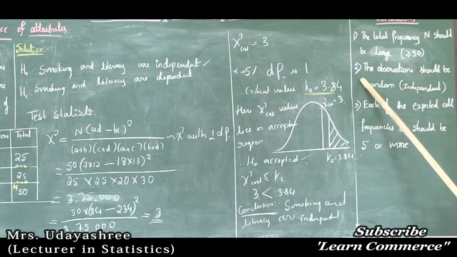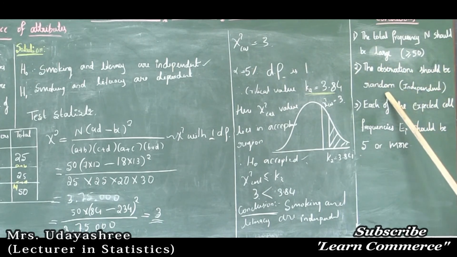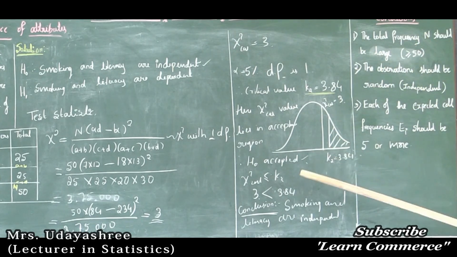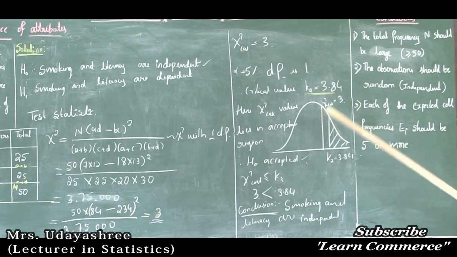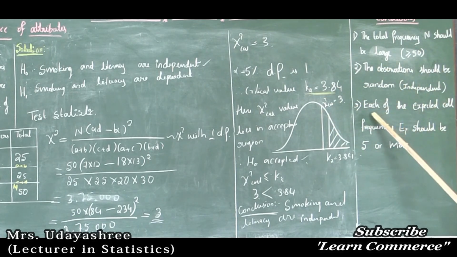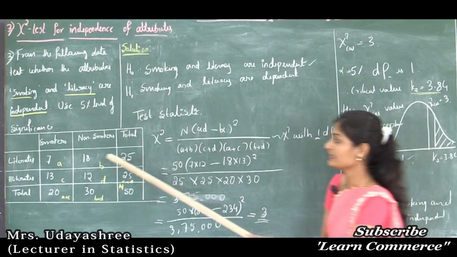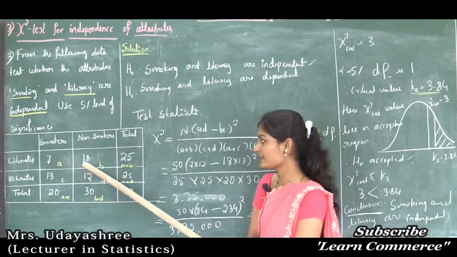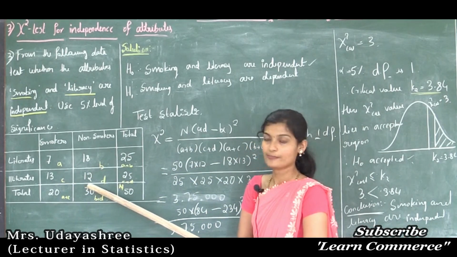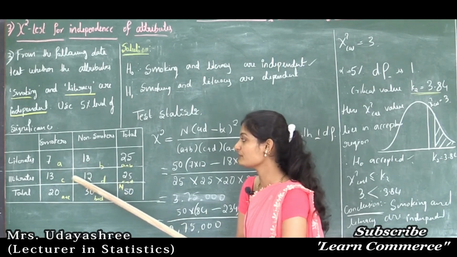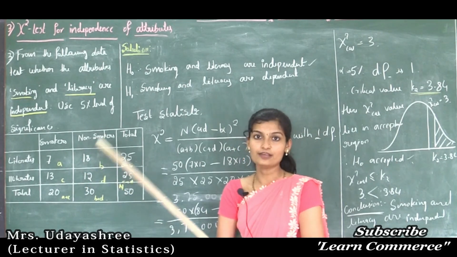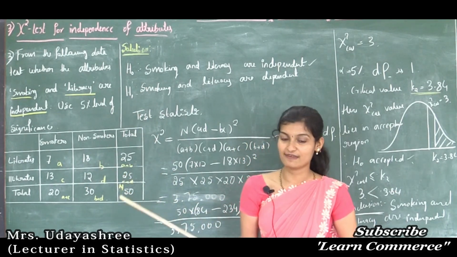The second condition is that the observations should be random or independent, which is given in the question. The third one: each of the expected cell frequencies should be 5 or more. These are the frequencies, 7, 18, 13 and 12. These four frequencies are more than 5, so the third condition is also satisfied.